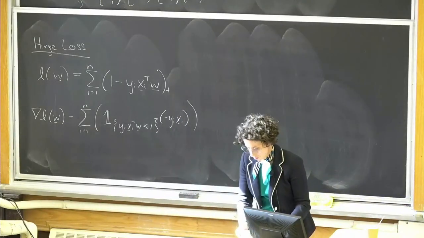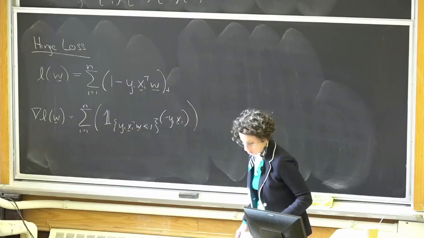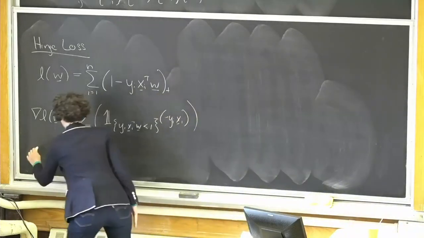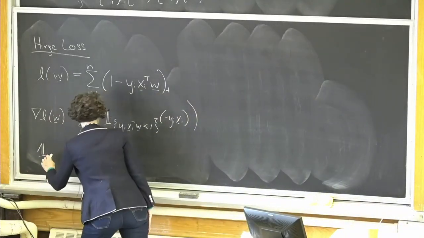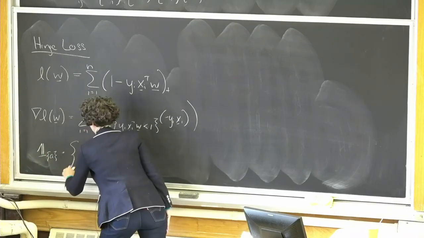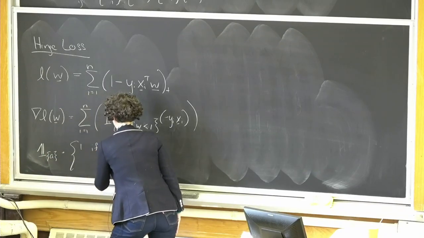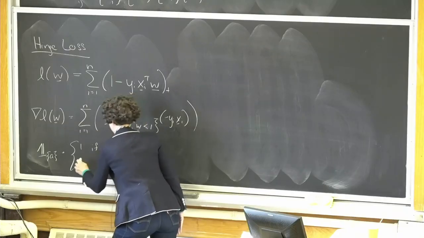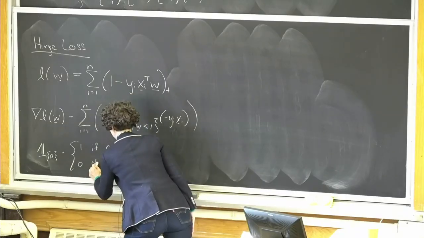So let me unpack this a little bit. First of all, when we have this indicator function, if I write 1 and then in brackets below here, this just means 1 if A is true and 0 otherwise.